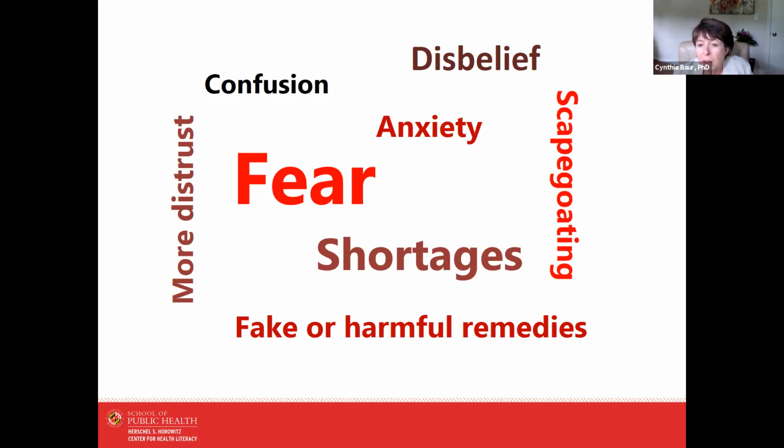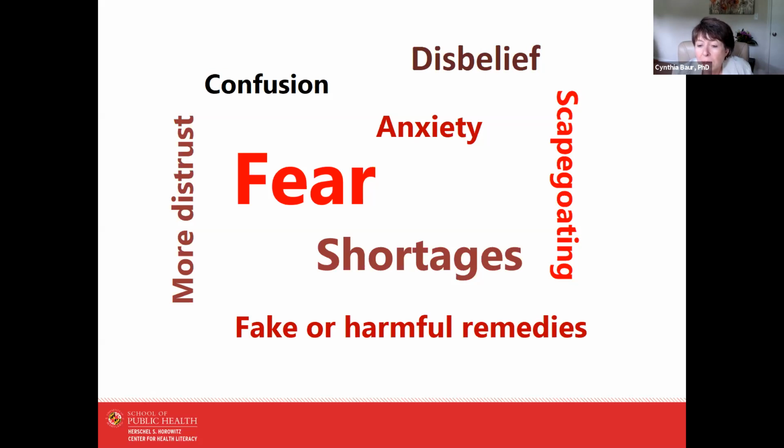For example, in the beginning, face coverings, hand sanitizer, disinfecting wipes. So there were a number of shortages that were impacting people's ability to follow through on the behaviors. There's been promotion of a number of fake or harmful remedies. There's been scapegoating of different populations.